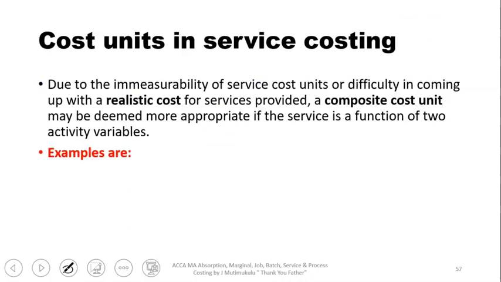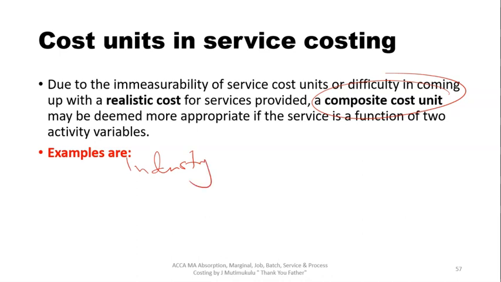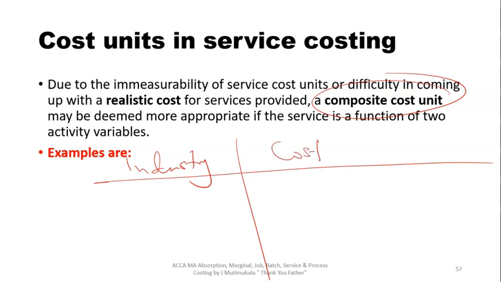But we need to measure them. So there should be some cost unit in service costing. All right. So usually the cost units are in the form of composite cost units. Examples of composite cost units: let us try to have the cost unit for a service, for the purpose of measurement. Let's start with hospitals.